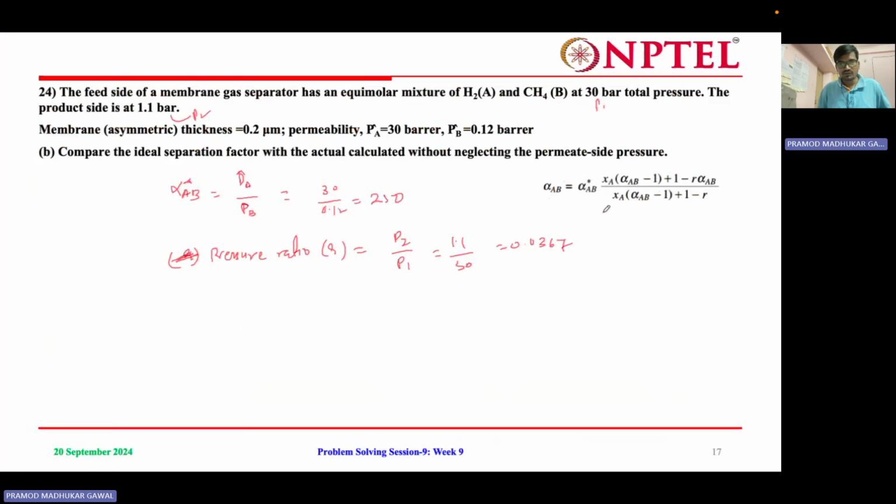Now we have to calculate the actual separation factor.